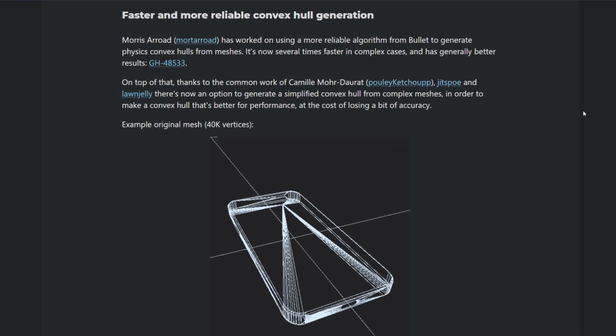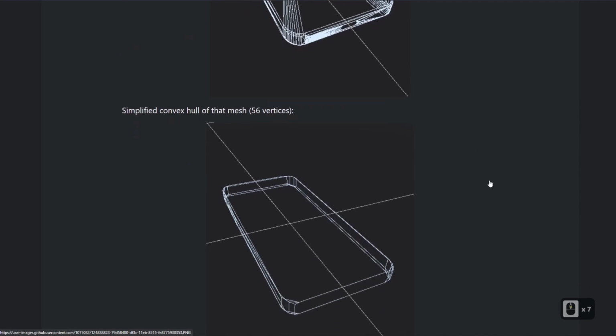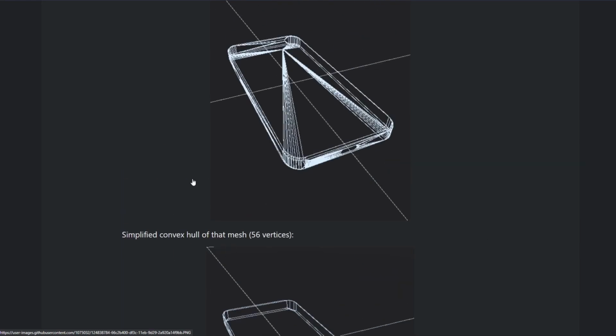The nice thing about this is you can see here the original mesh of 40,000 vertices. If we come down here, you can see it is now getting your convex hull of 56 vertices. So when you are doing your physics calculations, you only have to worry about calculating this information and not this information. So it's a really great change because it's going to make your 3D physics a lot better than what it was.